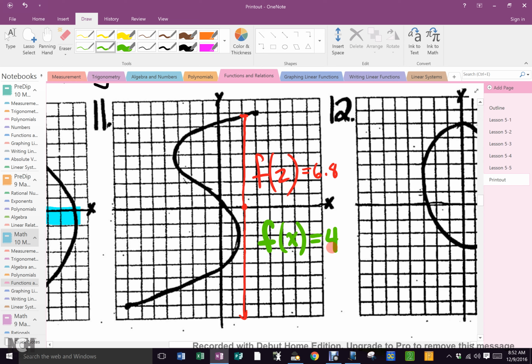Where do I go? 4 on the y-axis, because that is an output, yes? So I go up to 1, 2, 3, 4, and I search for an input. Right there. -1, -2, -3, but it's a little past -3, so it is, say, -3.1. Is everybody good?